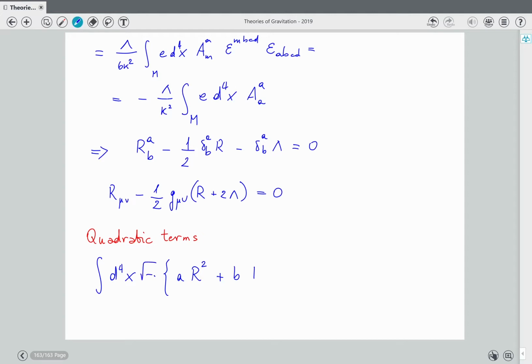So let's write square root of minus g. Here we write the Ricci tensor, and then we can square also the Riemann tensor.